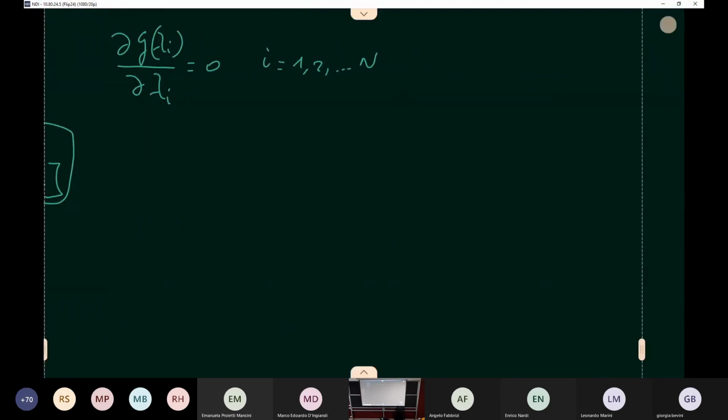So we have that our dg d lambda is 1 minus epsilon over epsilon plus 1 minus epsilon lambda.